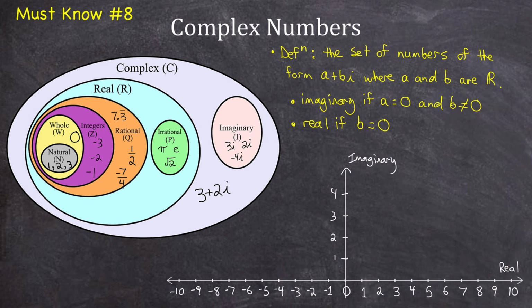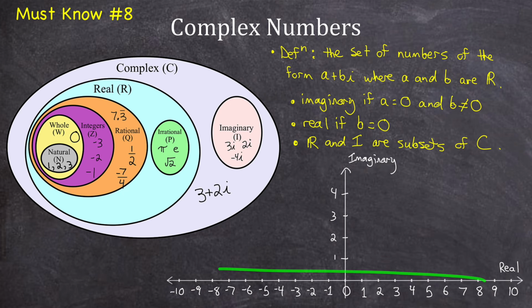So an important thing to note is that both imaginary numbers and real numbers are subsets of complex numbers, but there are some complex numbers that are not either real or imaginary. And to represent a complex number, we need a real and an imaginary axis. So if I wanted to show where 3 plus 2i would be, its real component is 3, so I would move 3 along the real axis, and then its imaginary component is 2.